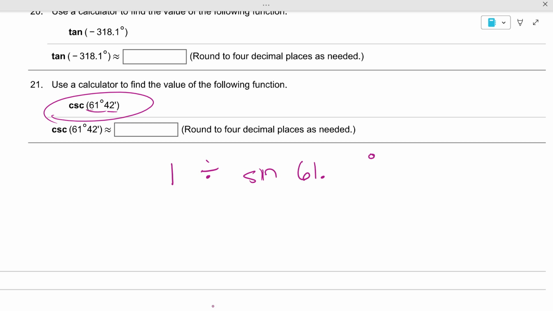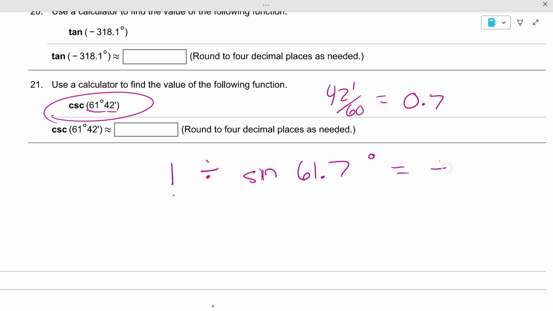Now this is 61 degrees, 42 minutes. 42 minutes is what as a decimal? Well, you take 42 divided by 60, and you get 0.7. So it's 61.7 degrees. So you take 1 divided by sine of 61.7 degrees. And what do you get? Negative 1.104. Is it negative?